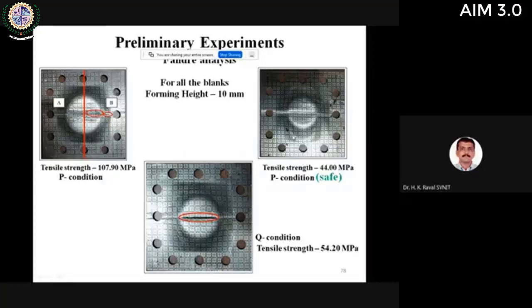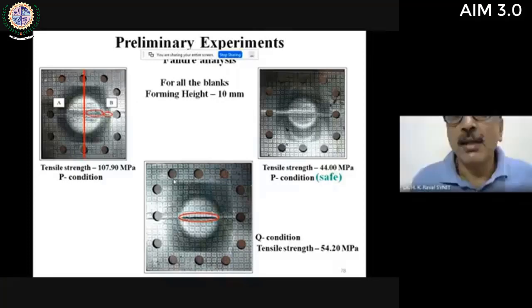Still there is a failure here, but it does not fail here. The reason might be that the uniform distribution of weld property along the entire weld line is a matter of concern. Though the localized strength may be there, it still fails in incremental forming. So in incremental forming, the weld strength is another parameter of concern while deciding the various operating parameters.